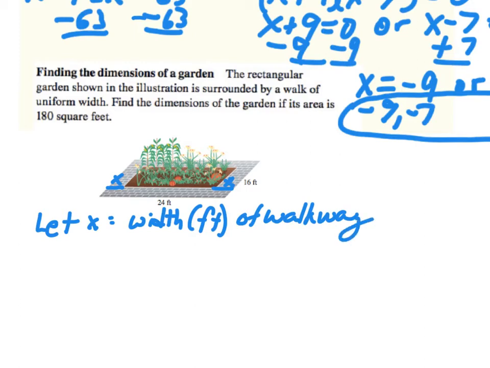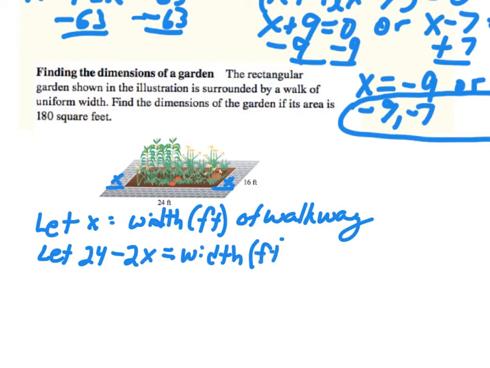that would mean that the dimensions of the garden are, remember there's an x on each side that includes that 24, so let 24 minus 2x equal the width in feet of the garden itself.